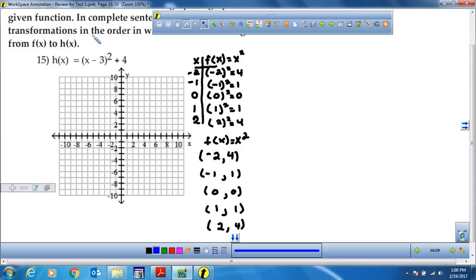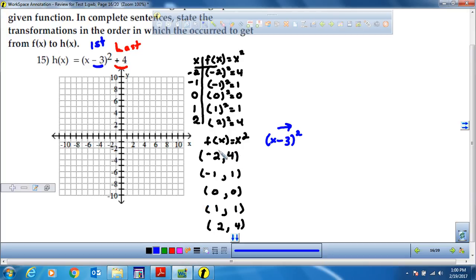Now, first transformation. Remember that the number inside of the parentheses always has to be my first transformation because that is my horizontal shift. And the number on the outside has to be my last transformation because that creates my vertical shift. So in the order in which it happens, we're going to first do the x minus 3 inside of the parentheses. That minus 3, remember what change does it do? It makes the graph shift to the right 3 units. What is the only thing that will be affected in the points of this function f of x?